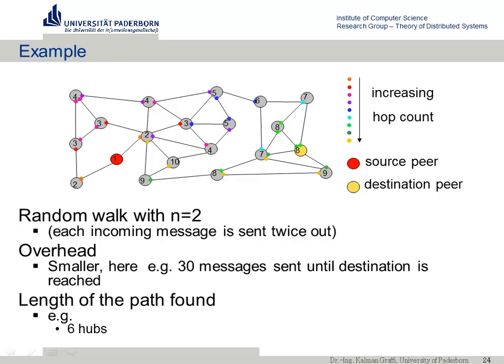So the number of messages was reduced, but it also got more improbable that we find our object, and if we find our object, then it takes us longer. So that's a trade-off.